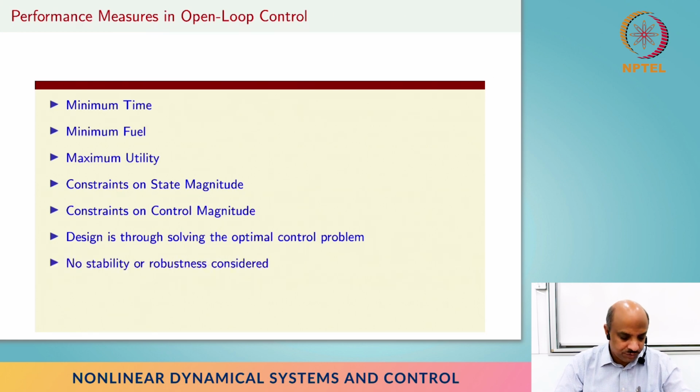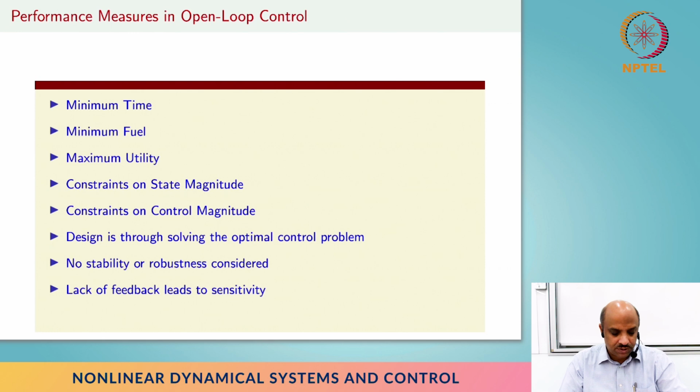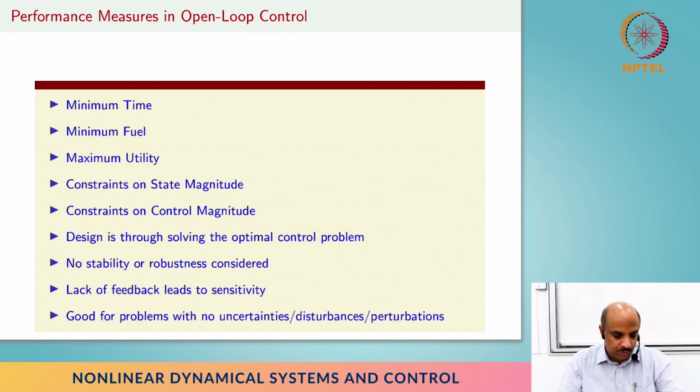Anyway, the design is actually very similar to what we have seen in calculus of variations, and we will see that soon enough. And like I said, we cannot hope for any stability or robustness. It's very good where we don't have those uncertainties. But the obvious statement is there's no feedback, therefore you cannot have any kind of robustness. The key thing is basically, open loop control problems you can actually really solve through numerical methods, and it's a truly nonlinear technique.